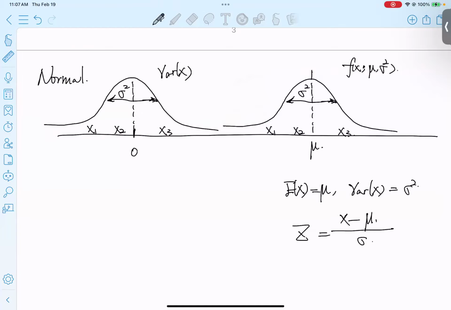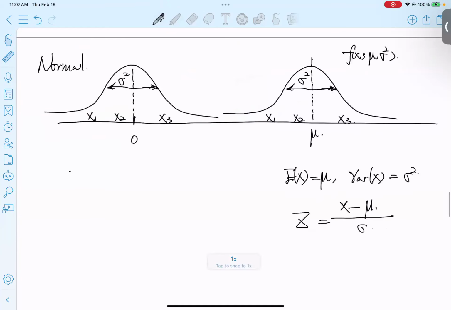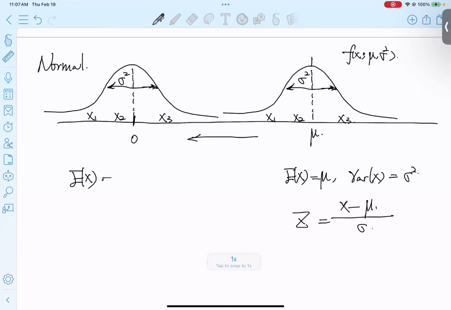So the expectation after moving: we're shifting to the left, or if your mu is on the left-hand side, then you're just moving to the right, but toward 0. So now your expectation has been moved to 0 through this transformation, and your variance stays the same.